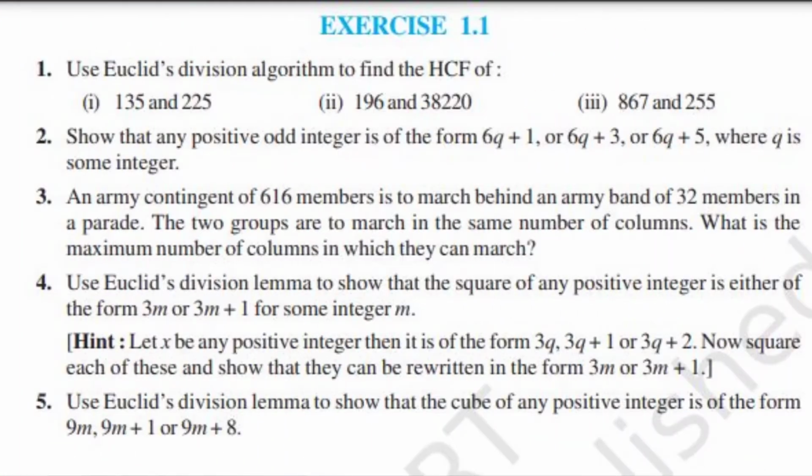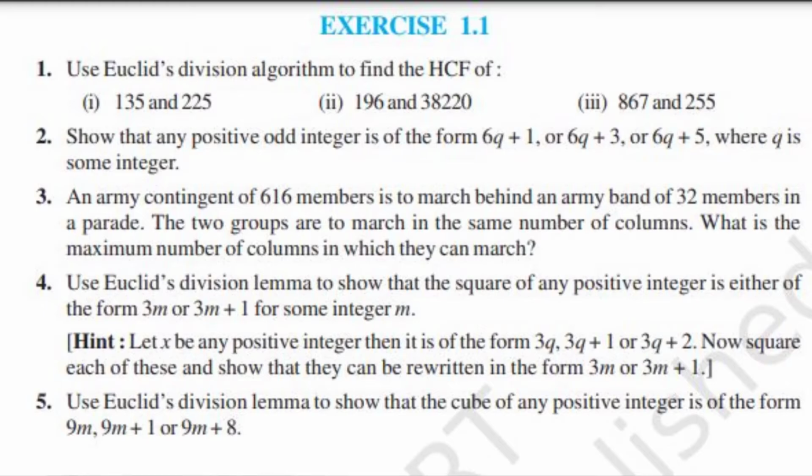So question number 3, and on your screens you can see that an army contingent of 616 members is to march behind an army band of 32 members in a parade. The two groups are to march in the same number of columns. What is the maximum number of columns in which they can march?